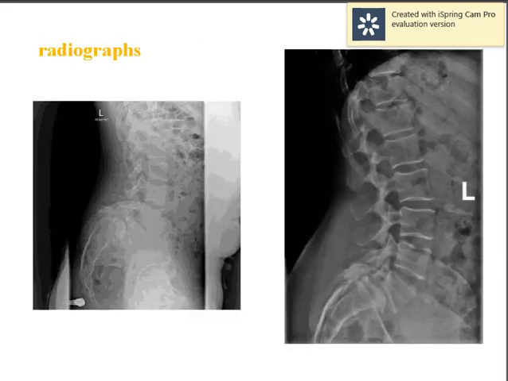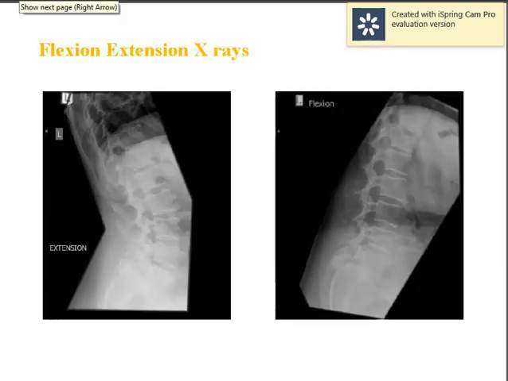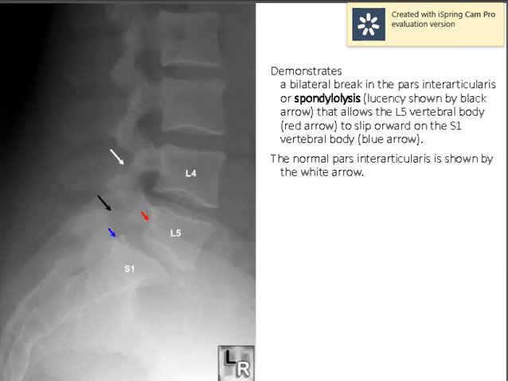See, these are the radiographs, these are the flexion extension X-rays. This X-ray demonstrates a bilateral break in the pars interarticularis, or spondylolysis. There is a lucent image, shown by the black arrow here, and that allows the L5 vertebral body, red arrow, to slip forwards on the S1 vertebral body, blue arrow.